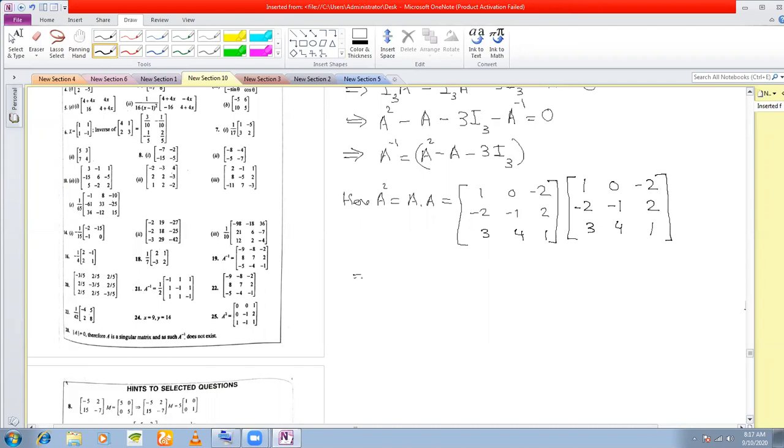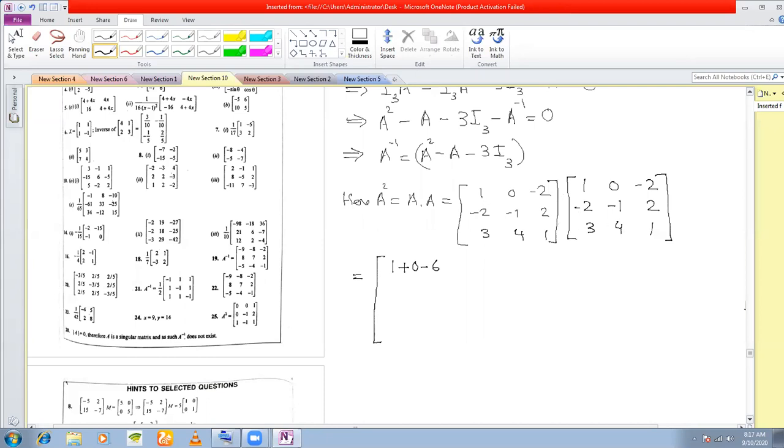First row, first column: 1 plus 0 minus 6.